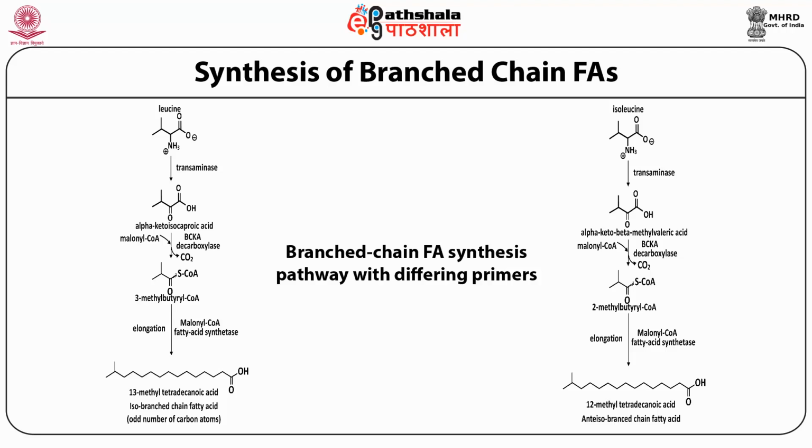It is an anti-iso branch chain fatty acid. So these leucine, isoleucine and valine are utilized as primers for the branch chain fatty acid synthesis of both the iso and the anti-iso series.